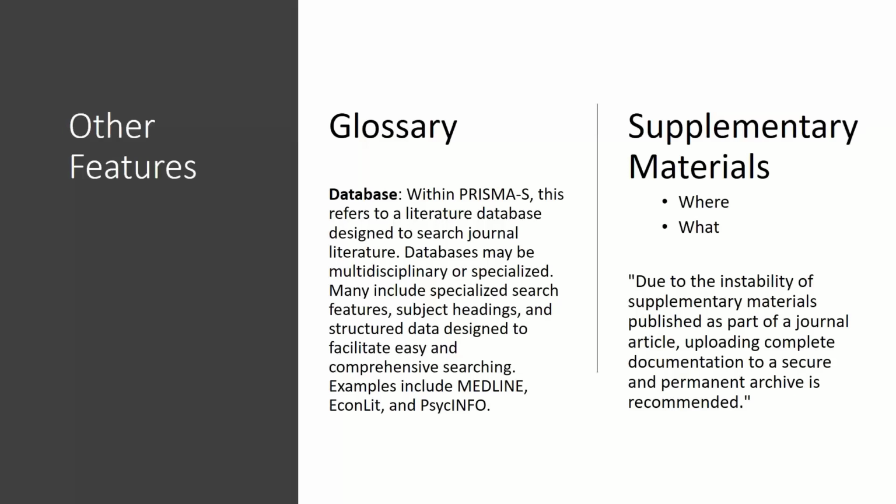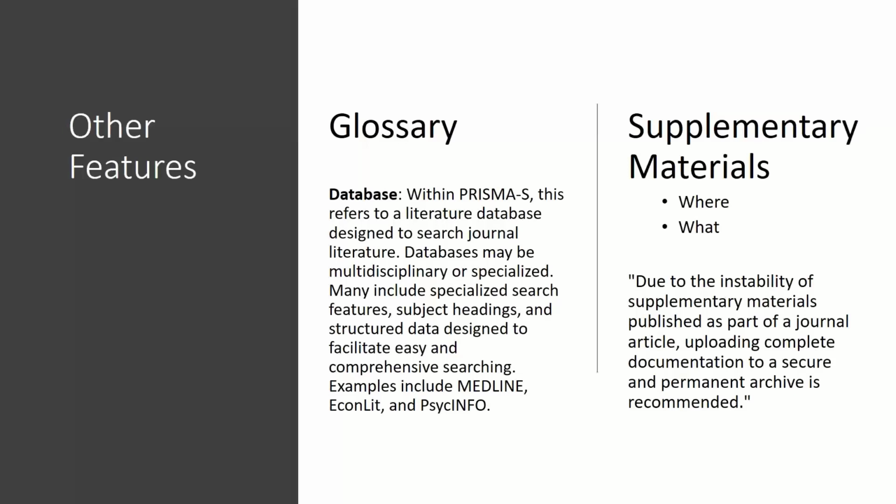So this at least gives you the frame of reference that we were working under, and hopefully gives you some additional information there. So this is just an example of the entry for the term database. It tells you that we are specifically using the term database to describe literature databases designed to search journal literature, which is of course different than the more general, broad version of database.